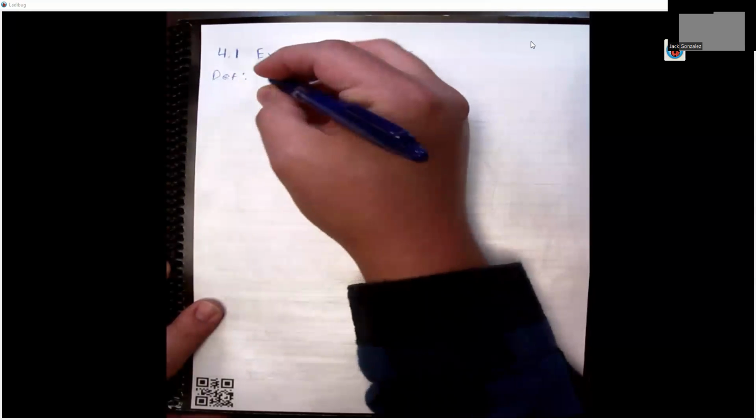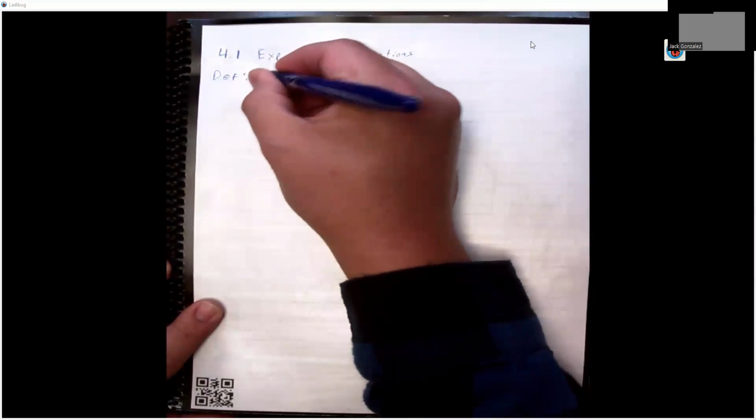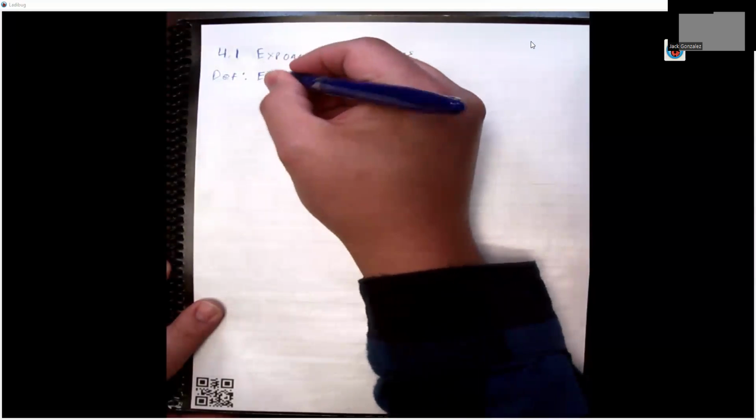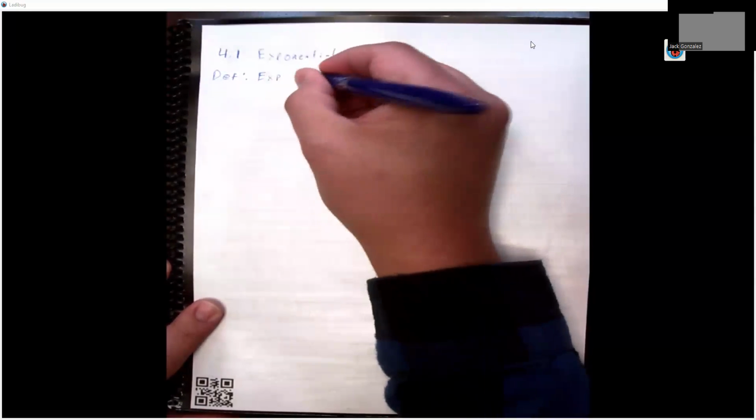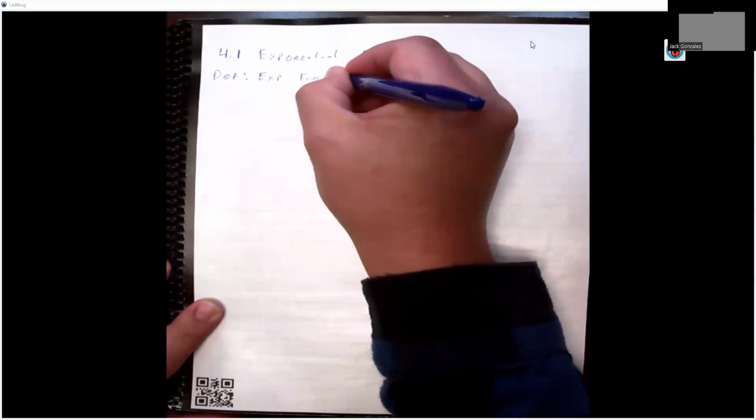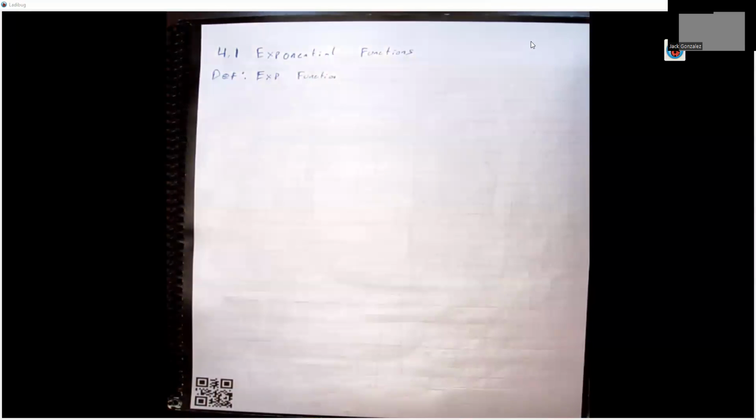Definition. I'm going to shorten it to exp function, because I'm going to be writing exponential over and over again.